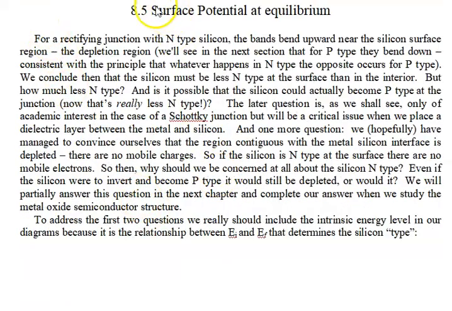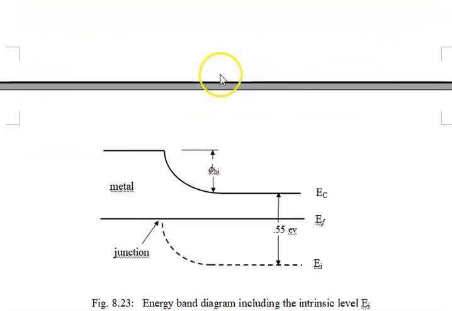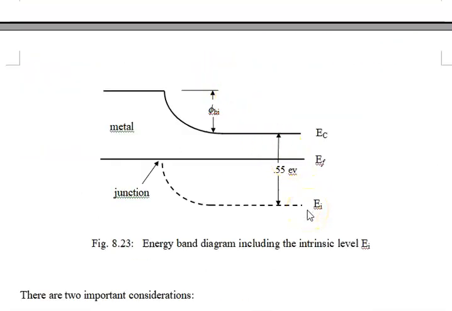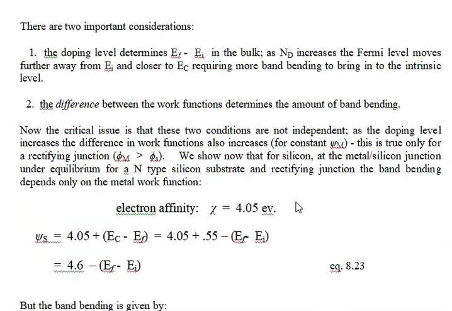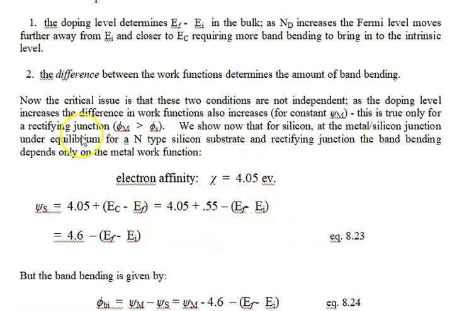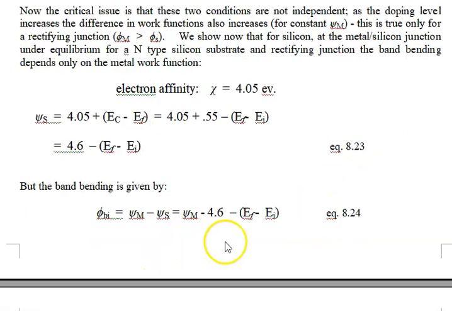Okay. Now in this section, again the 8.5 refers to the section in the text, we add in the intrinsic level. I'm not going to go through this in any detail at all. I'll just let you read it, but the interesting thing is that equation 8.24, this is perhaps the bottom line.